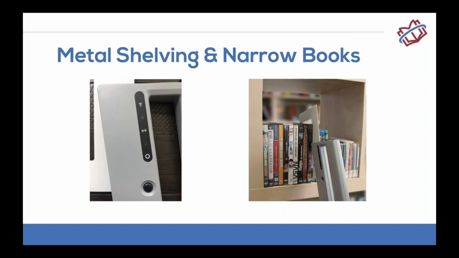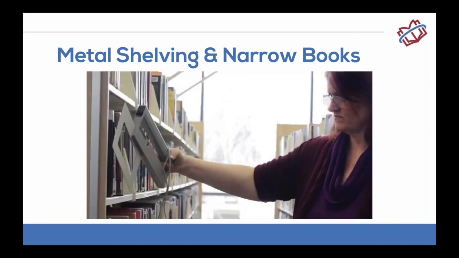You can use the boost mode, or as that second illustration shows, the wand is designed to be inserted into materials if that were something you wanted to do. Here again, they're reading DVDs on the shelf. I would certainly try it first on the spines, or as you saw in the video, where they were flipping materials forward on DVDs in bins.